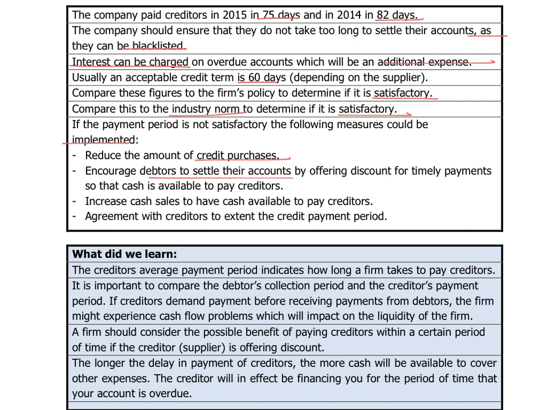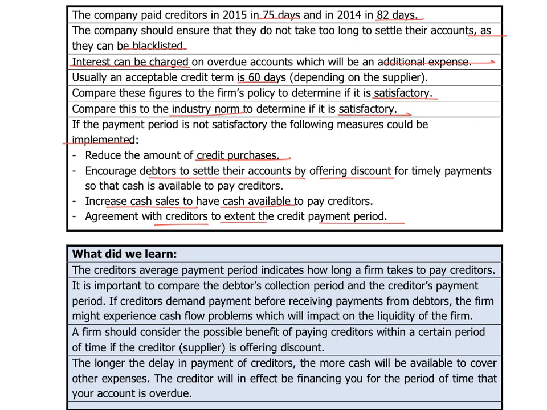Encourage debtors to settle their accounts by offering them discount if they pay within 30 days so that you can have the money available to pay your creditors. Try and increase your cash sales so that you have cash available immediately to pay creditors. And if none of these measures help, you will have to sign an agreement with the creditors to extend the period in which you pay them back.